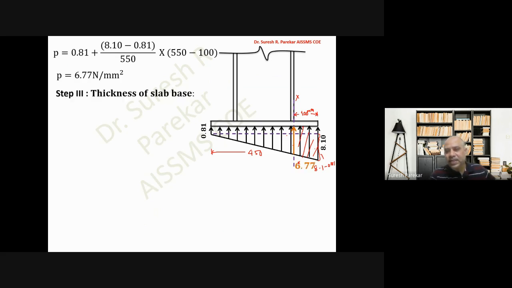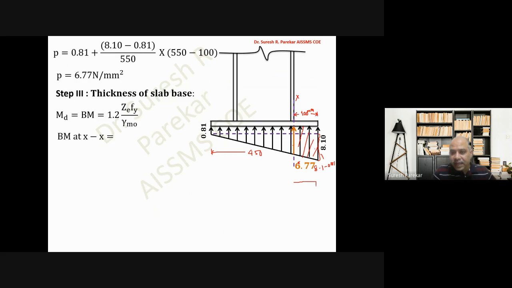So we have this as 6.77, and then we have MD, that is same as we have in axially loaded basis, that is gusseted and slab base, same we are going to use over here. Bending moment at XX, so we are going to make it as rectangle and triangle.